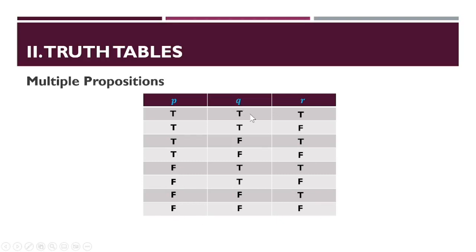For Q, we alternate every other row. So true, true, false, false, true, true, false, false. And for the third, we have alternating values: true, false, true, false, true, false, true, false. Then for the arguments, we can only focus on the connectives between two propositions at a time.